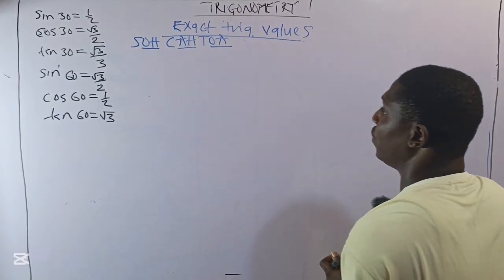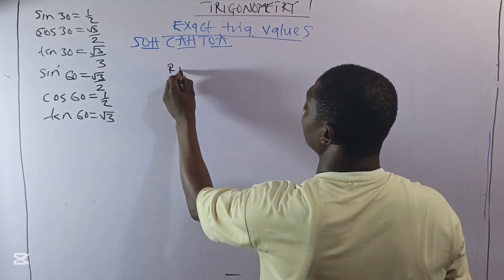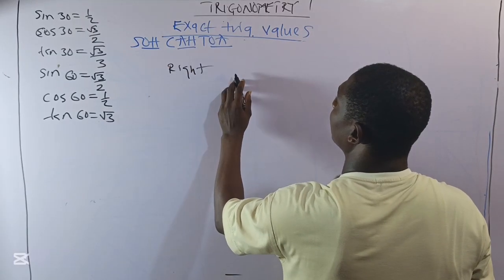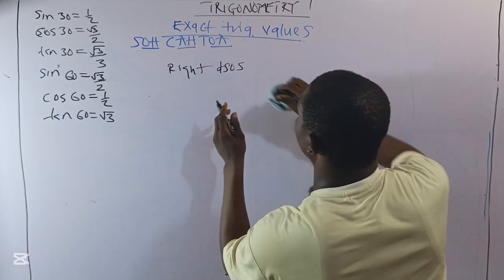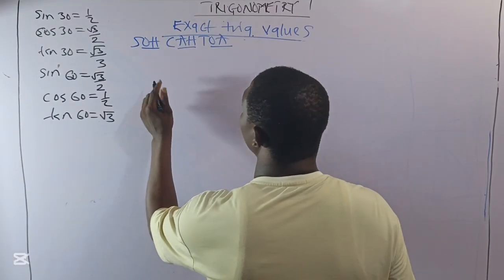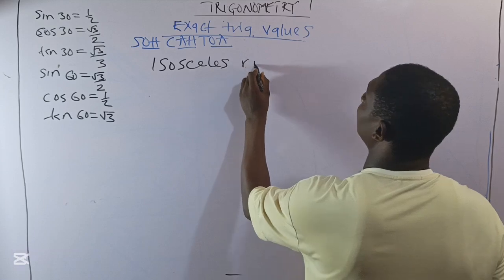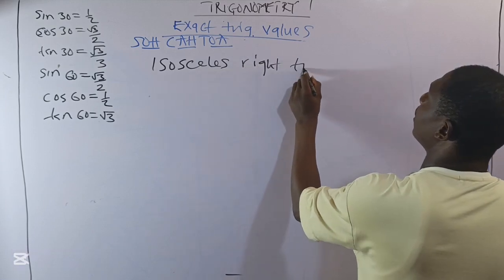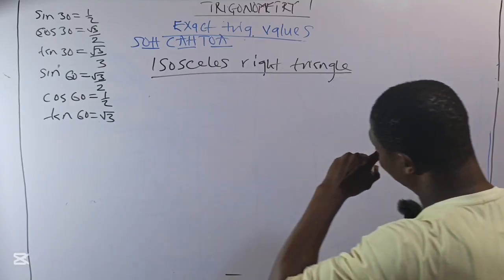And if we are doing that of 45 degree, we are going to be using our right isosceles triangle to get our angles of 45 degree.